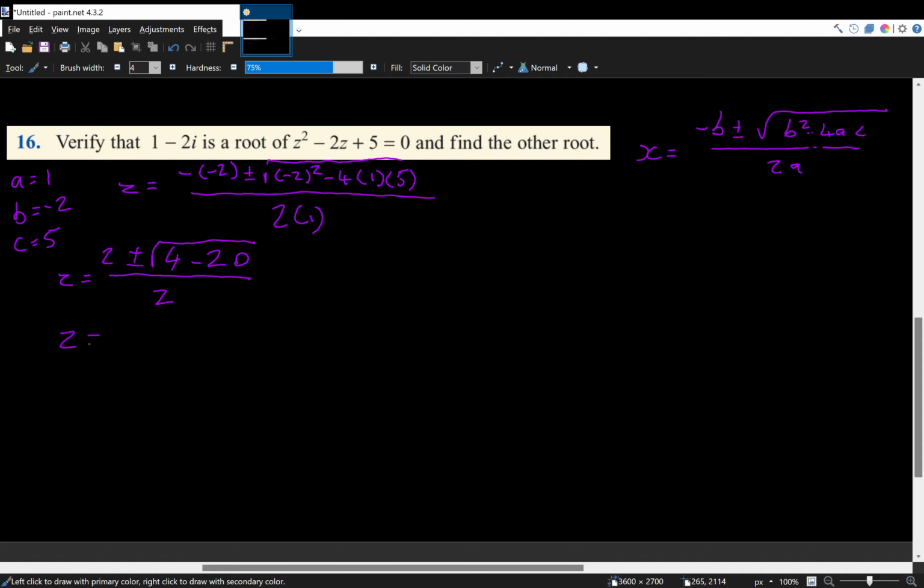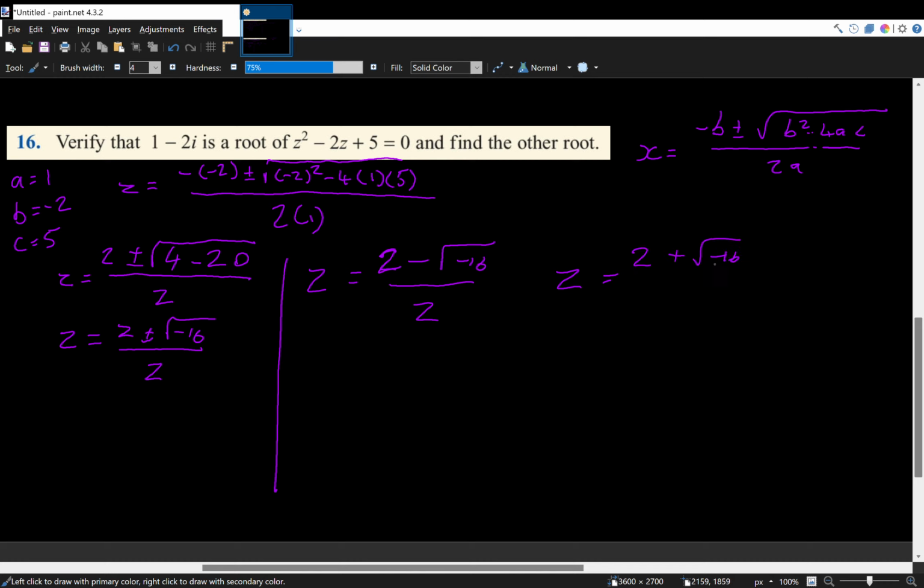So we're going to get z is equal to 2 plus or minus the root of minus 16 all over 2. And then if we split that up, we get z equals 2 minus the root of minus 16 over 2, and z equals 2 plus the root of minus 16 all over 2. And the root of minus 16 is 4i.